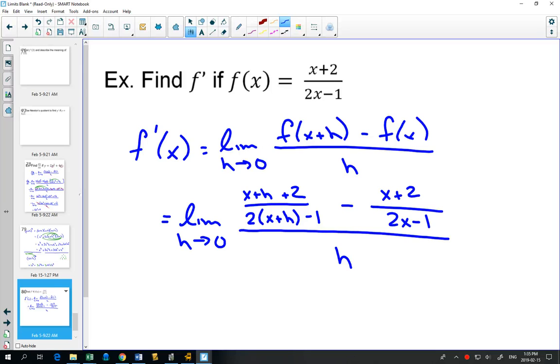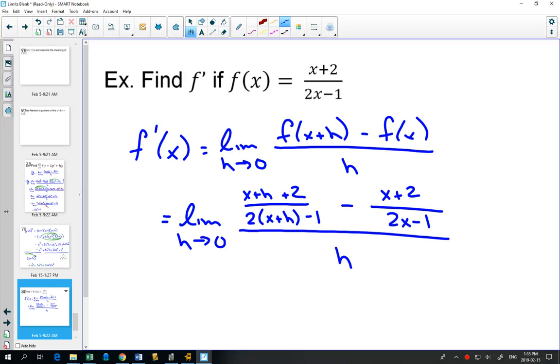And here we get to work with our skills with fractions. If I have an equation with fractions inside of fractions, can I use my algebra skills to get this to be a single fraction? And if I can, then chances are things are going to work out that I can cancel that h out.